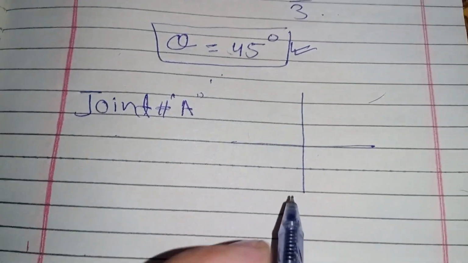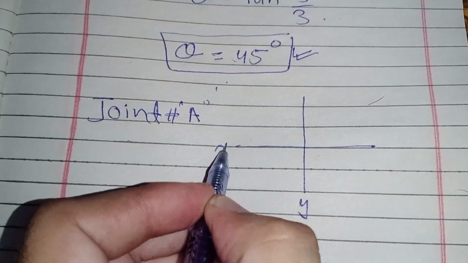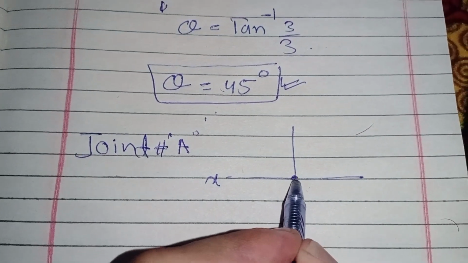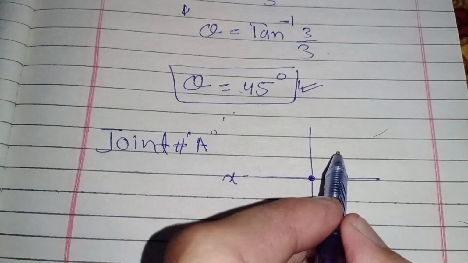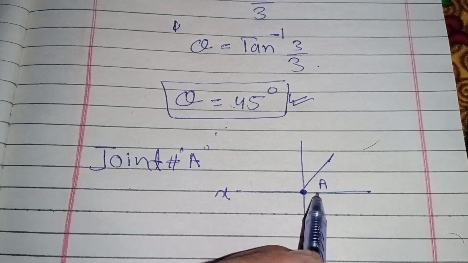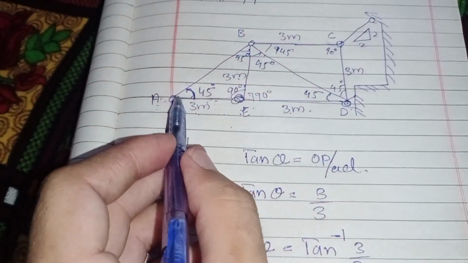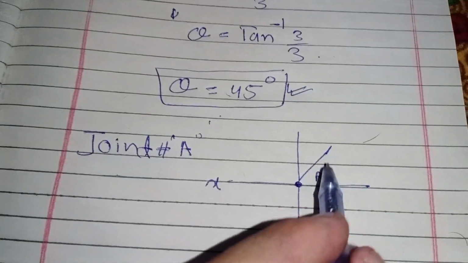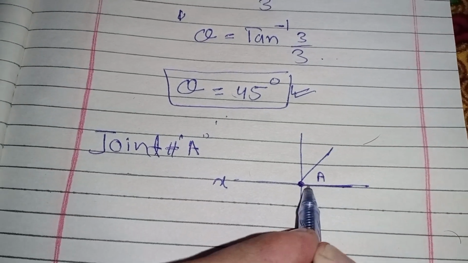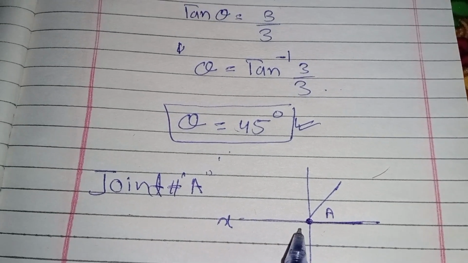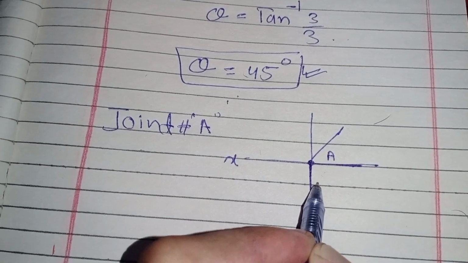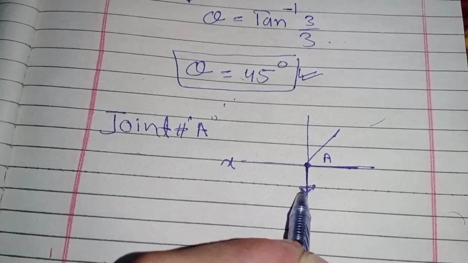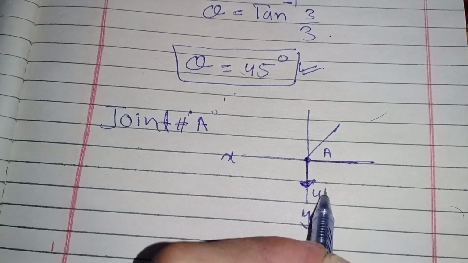This is my X and Y plane, and this is my joint A. This is the horizontal force, and the vertical force which is loaded is 4 kilonewton.